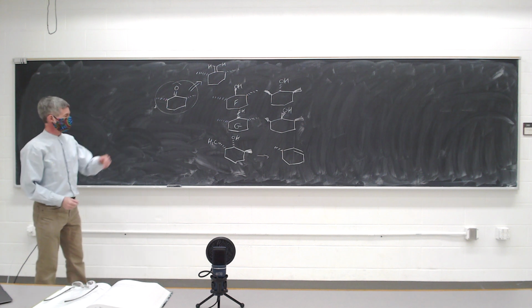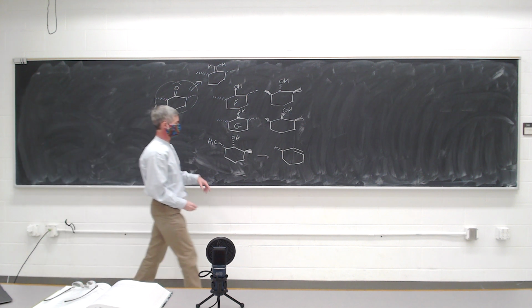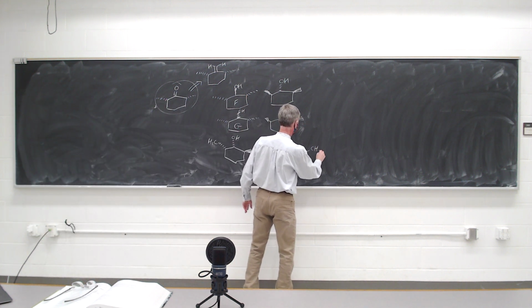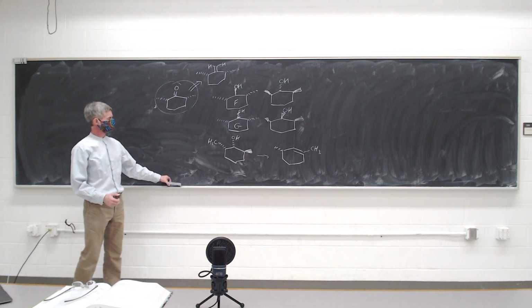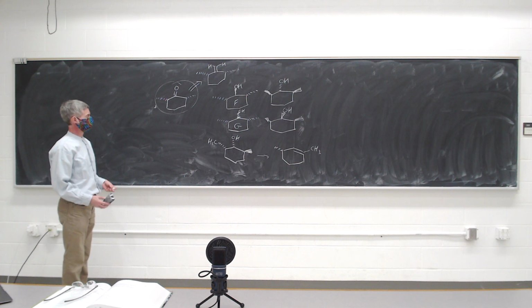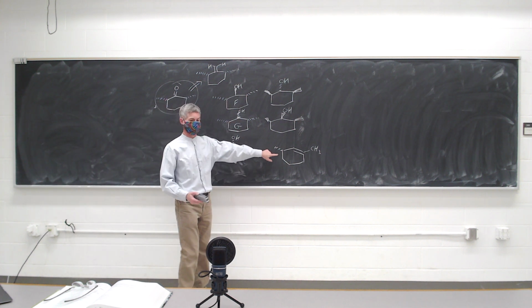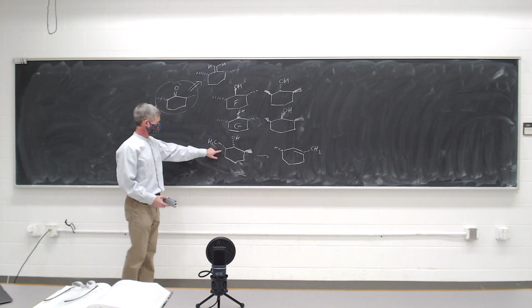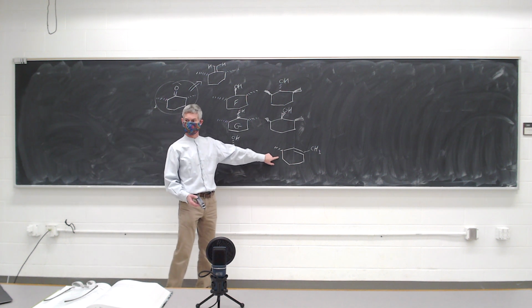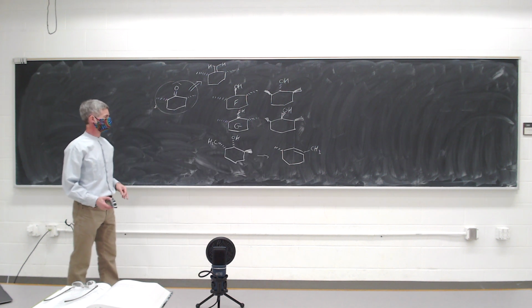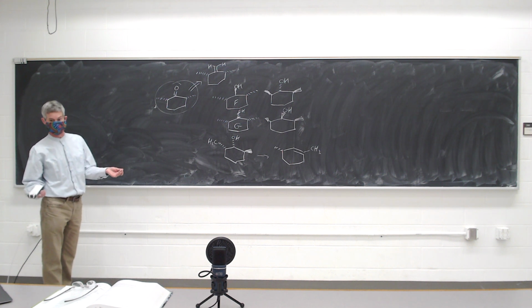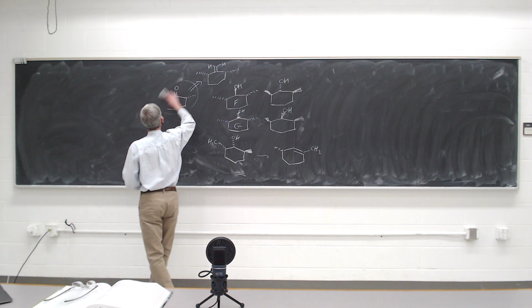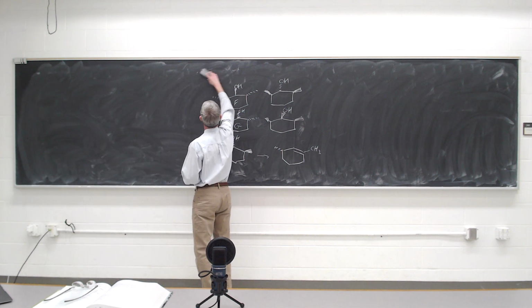But you're also going to dehydrate the other ones to generate the same thing. They all dehydrate with sulfuric acid to get that product. This one will dehydrate to give a mixture. This one would actually dehydrate to give a pure isomer, just that one and not the other one. But the two enantiomers have the same physical properties, so you don't know that you made two products, unless you measure a rotation.